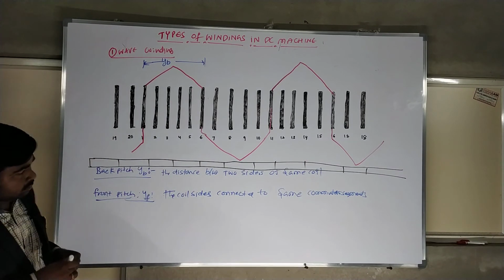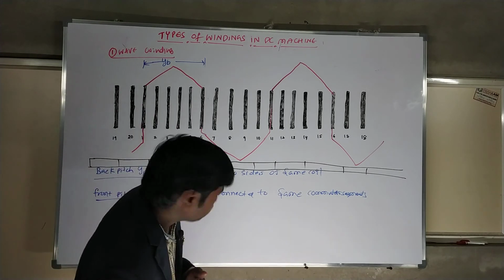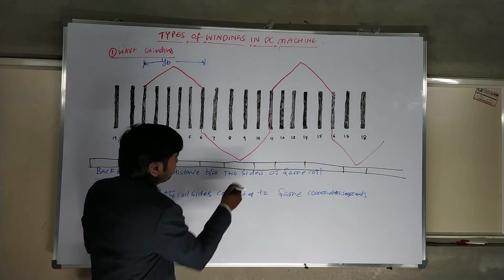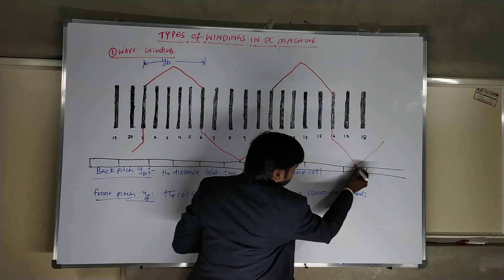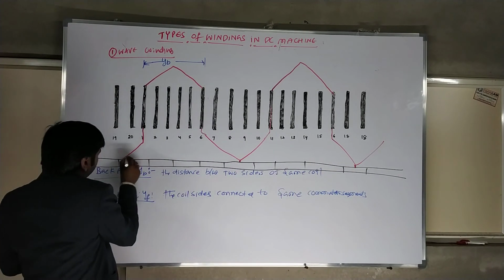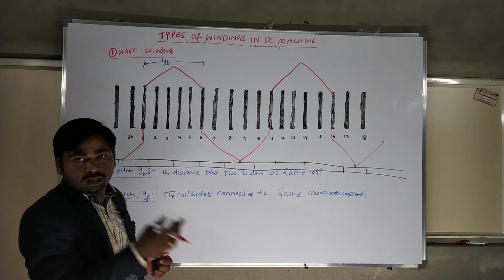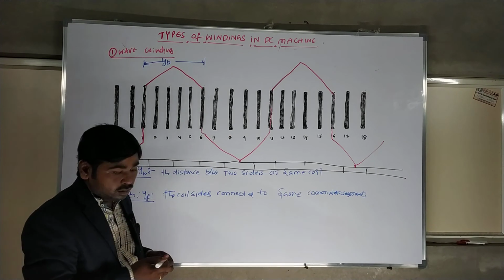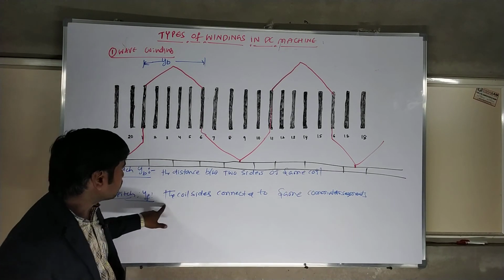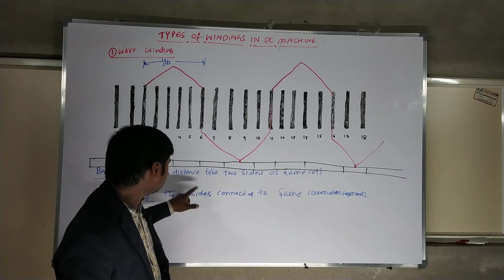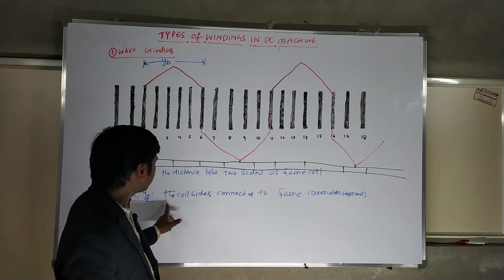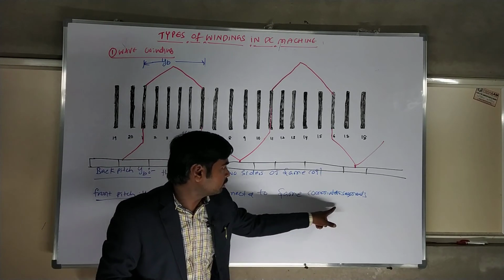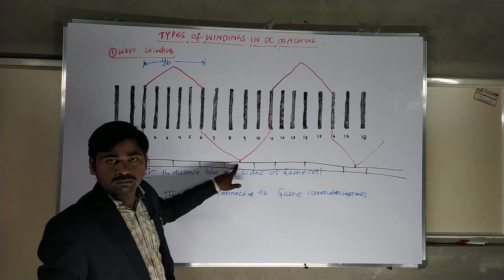Just roughly I draw. All windings are connected in such a way. This is one commutator segment, and this is another commutator segment. They connect here and it collects the current from that. So the front pitch is the distance between the coil sides connected to the same commutator segment.